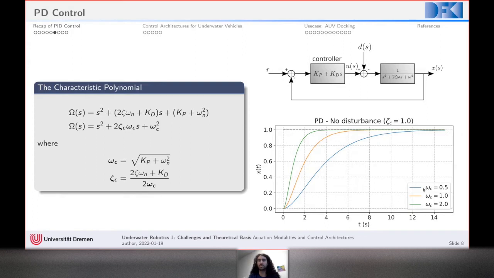So in blue here is the low frequency of the system, which is low gain. And the more I push it forward, the more I increase this value, the more responsive my system is. The faster I reach the step reference that I want to have. So by increasing this, I'm increasing the proportional gain as well.